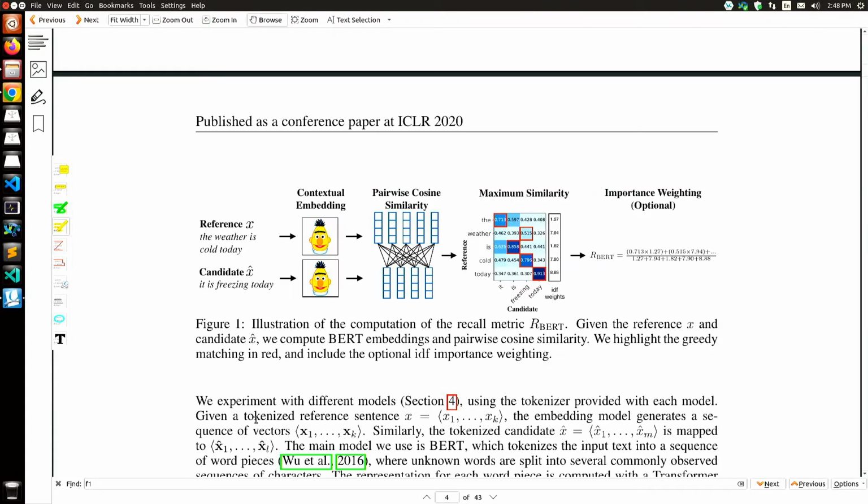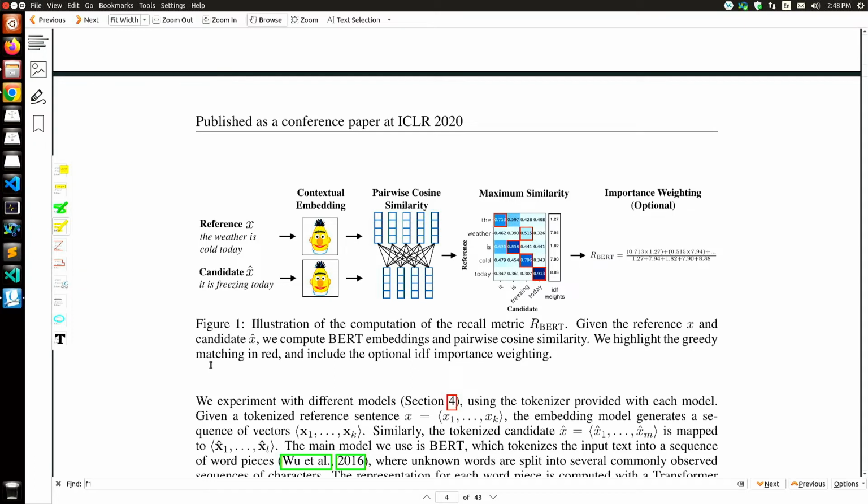All right, I'm coming back to this image again because it represents the whole paper in a nutshell. Here we take both the reference, that is the ground truth, and the candidate, that is the generated one, and pass them through the pre-trained BERT model to generate a contextual embedding for each word at the output end. Once we have the final embeddings, we do an n-squared computation by calculating the similarity of each word from the reference to each word in the candidate.